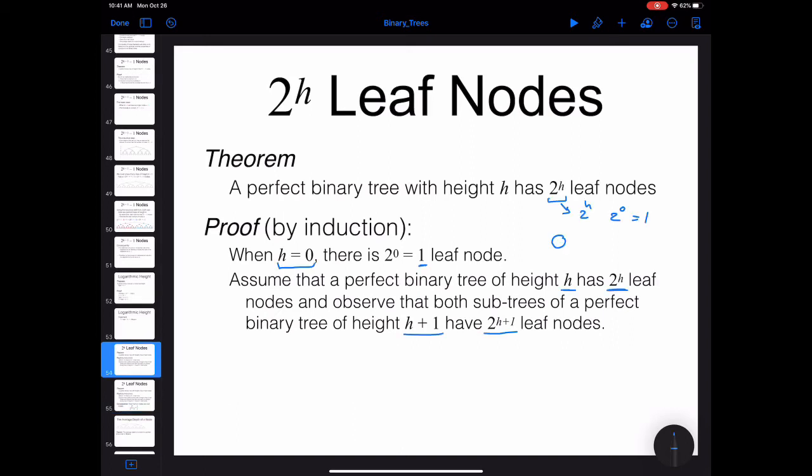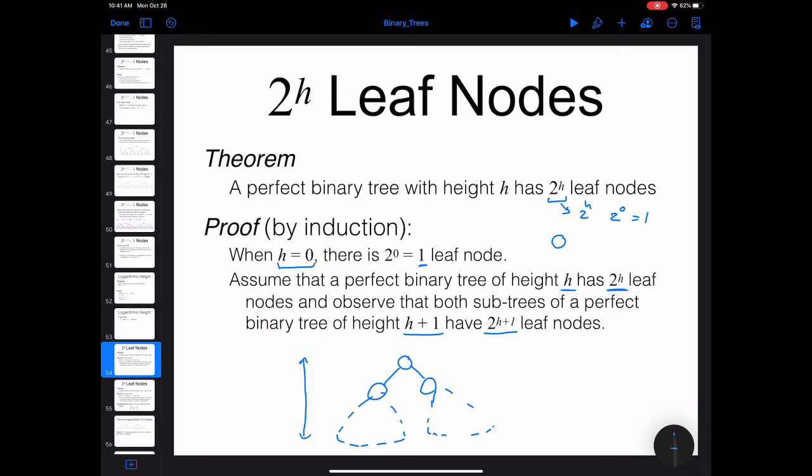So, the proof here is actually very easy. And the reason is that in a perfect binary tree of height h plus 1, you are going to have 2 subtrees. So what is the height here?